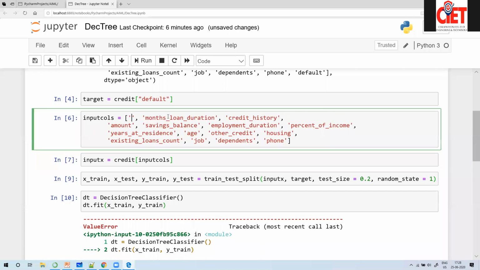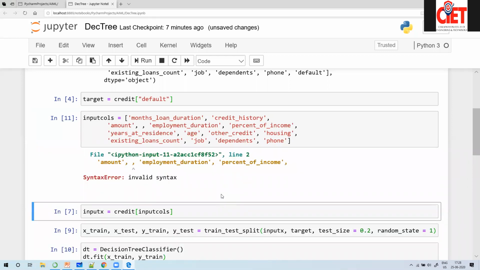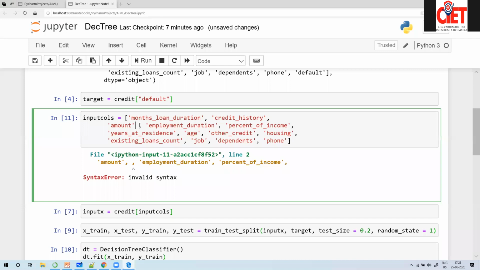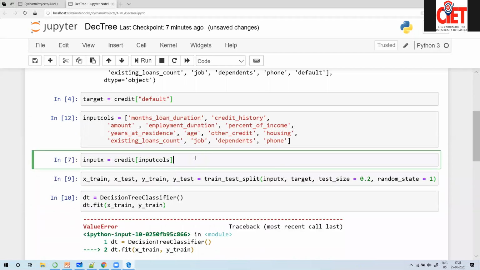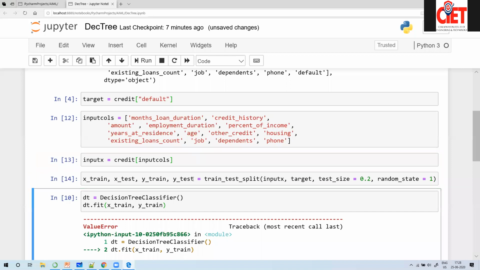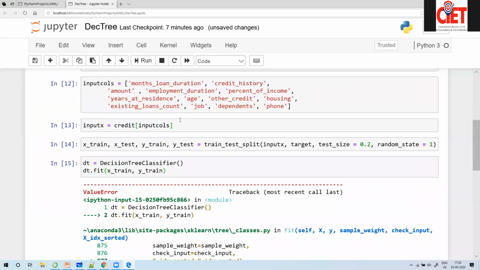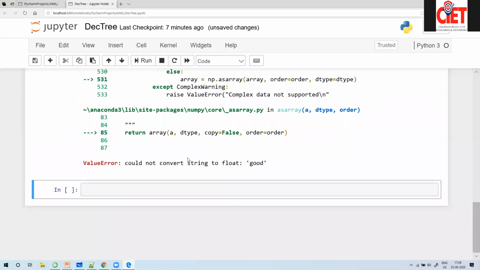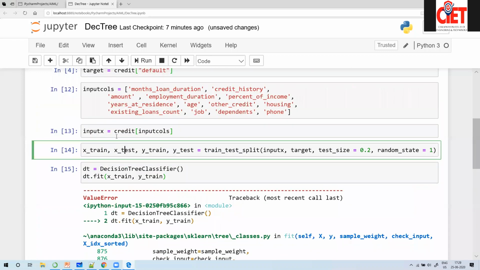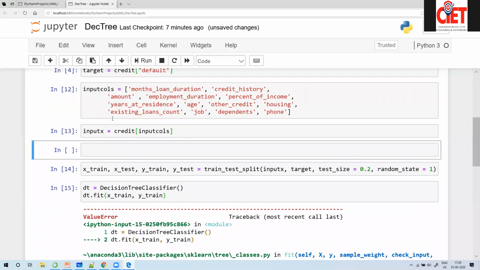Let's see if we can check this one out. First, to cause the error, we will change this. It is expecting us to convert this to dummies.